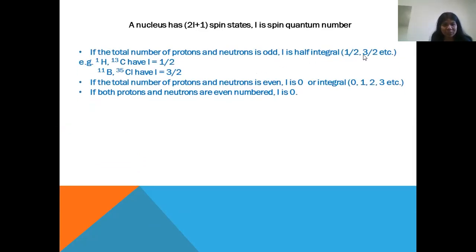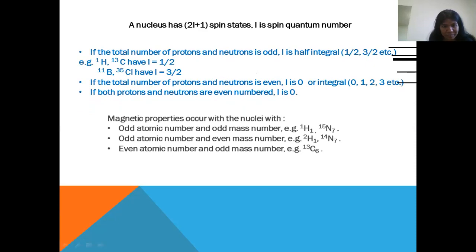So if the total number of protons and neutrons is odd, then I will be half integral, like 1/2 for 1H and 13C, etc. If the total number of protons and neutrons is even, I will be 0 or integral. If both protons and neutrons are even, I would be 0. And in this case, that will be definitely NMR inactive.